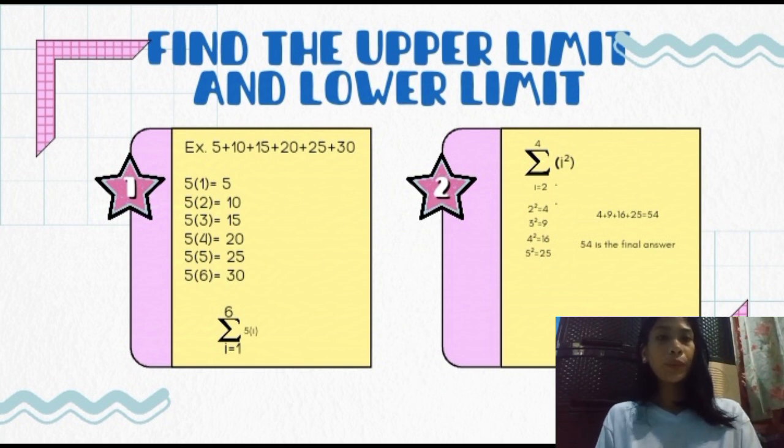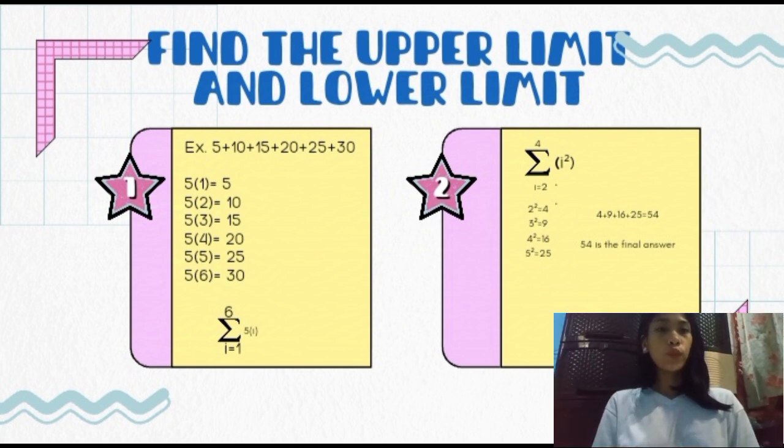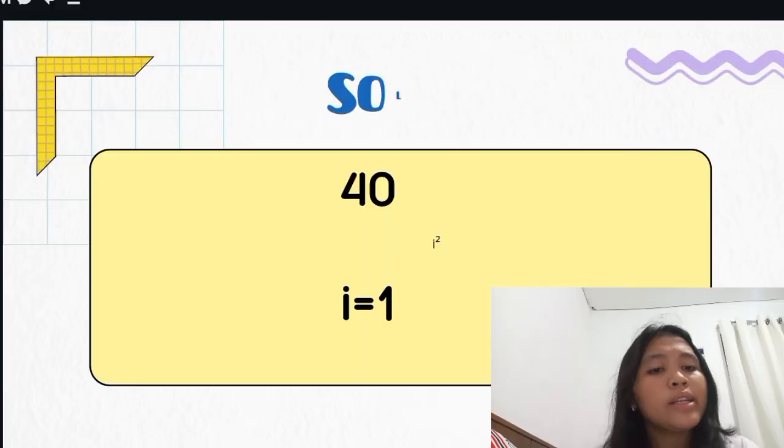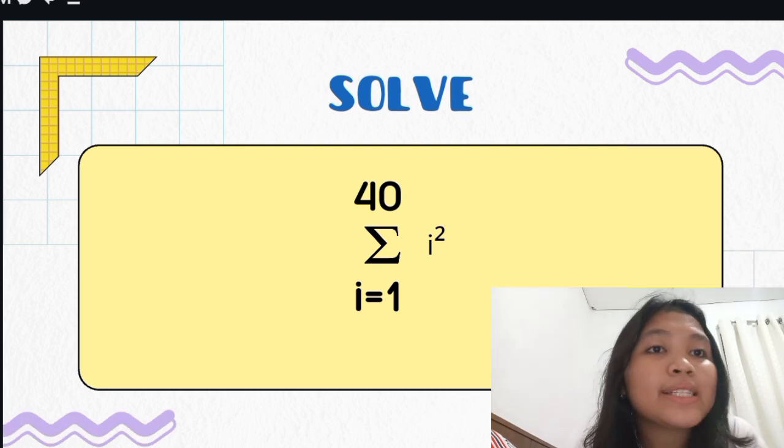Therefore, the general formula is 5 multiplied by I. Now 5 times 1 is 5, 5 times 2 is 10, 5 times 3 is 15, 5 times 4 is 20, 5 times 5 is 25, and lastly, 5 times 6 is 30. We can't multiply it by 5 times 7 because our upper limit is 6, and therefore this is our sigma notation.